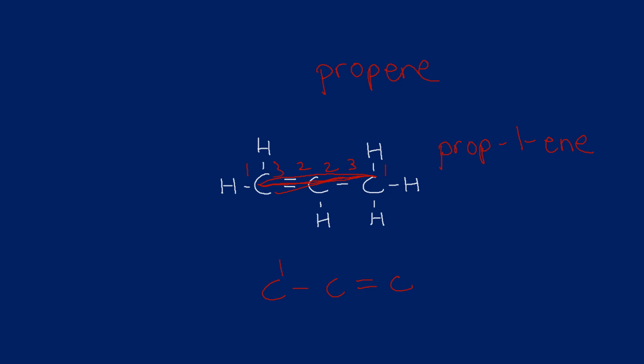So if we do move that double bond to the right, it would still be classed as prop-1-ene because we have to use the lowest number. If it's between 1 and 2, it's prop-1-ene. If it was between 2 and 3, we'd call it prop-2-ene. But as I've just pointed out, between 2 and 3 would be classed as between 1 and 2 if we ordered it in reverse. So this would be classed as propene. We don't have to give the number 1. But if you were to call it prop-1-ene in an exam, you would still be given the marks.